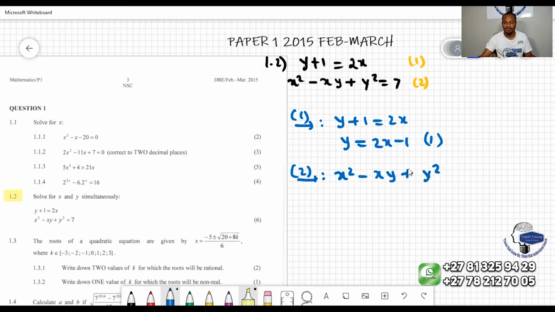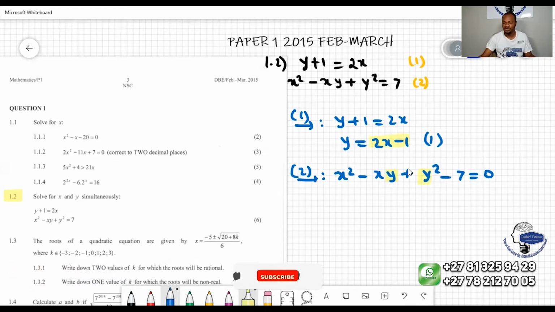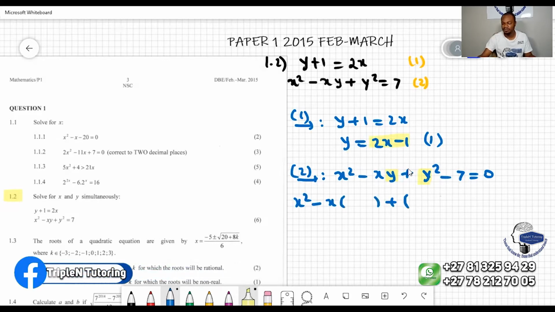I can move the 7 over, that becomes negative 7 equal to 0. Now we can substitute the value of y, which is 2x minus 1, wherever we see y in the equation. So the equation becomes x squared minus x times y, and I want to sub in the value of y, plus y squared minus 7 equal to 0.